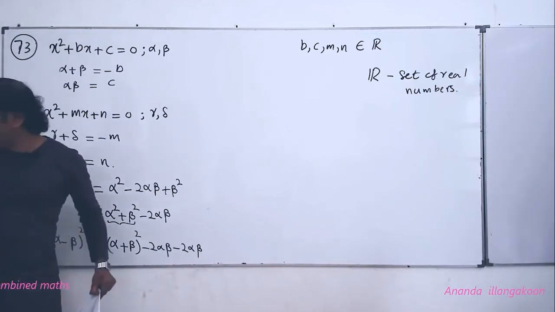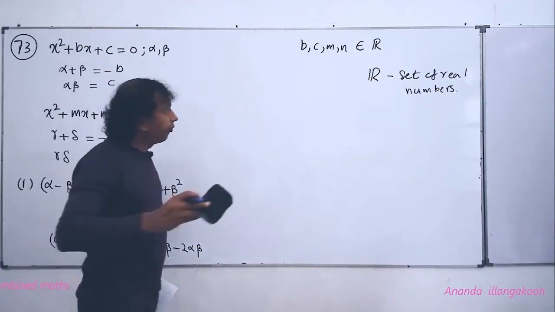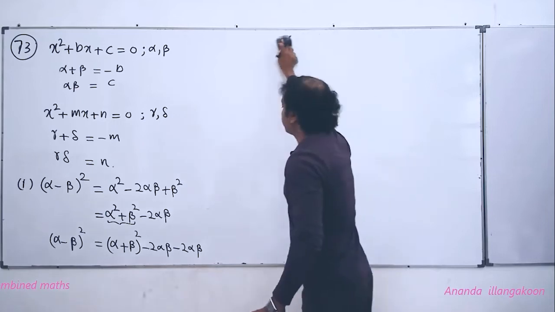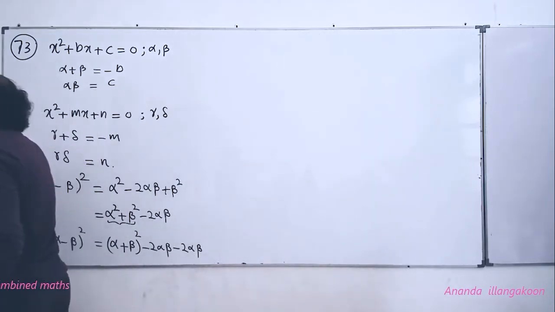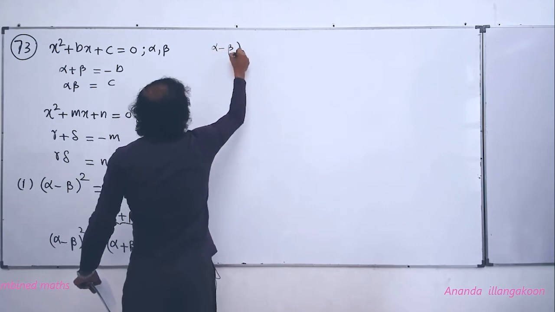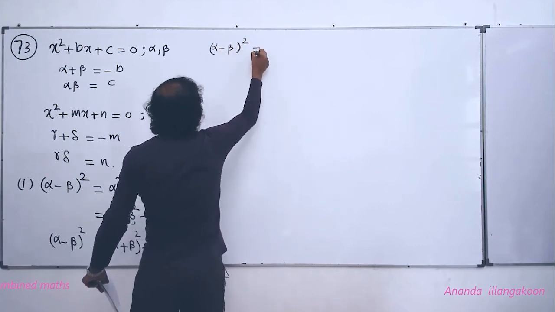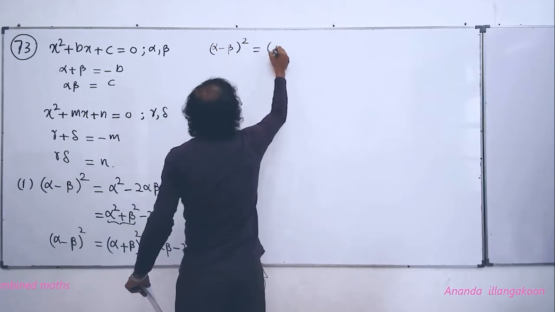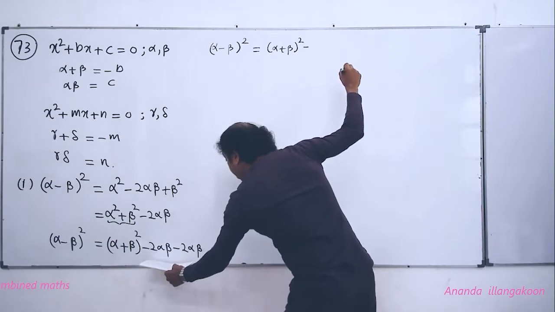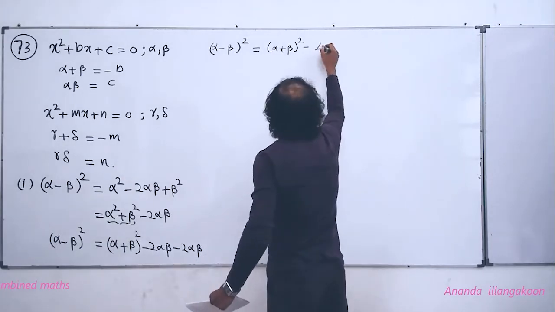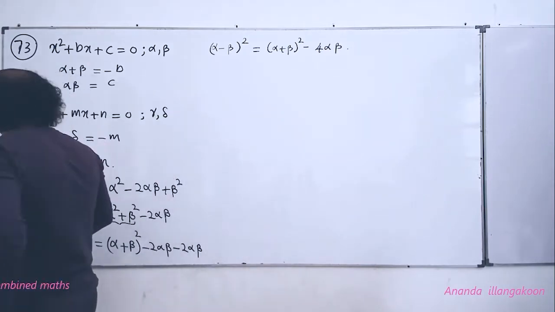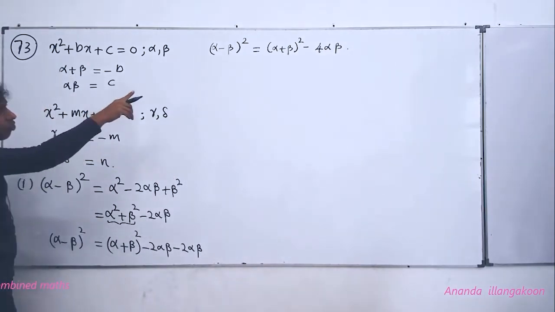Now you can write (alpha minus beta) perfect squared is equal to (alpha plus beta) perfect squared minus 2 alpha beta, people, minus 4 alpha beta. Right. Now we have to substitute for this alpha plus beta.